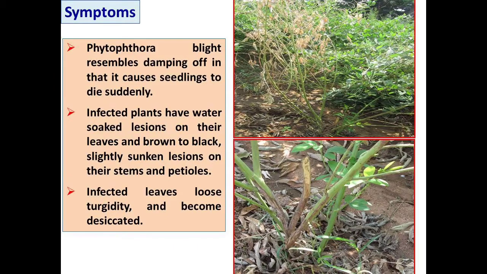And the most important factor is seed treatment. If we do seed treatment with Trichoderma viride or another fungicide, we can control the primary source of infection, which is always present in the soil.